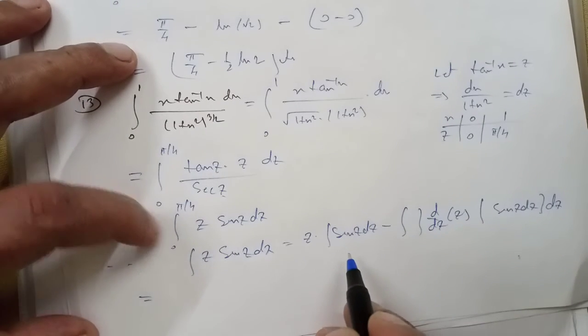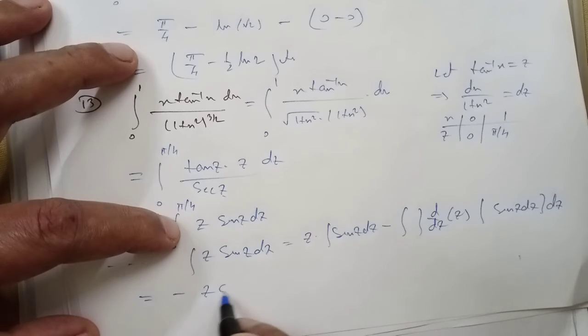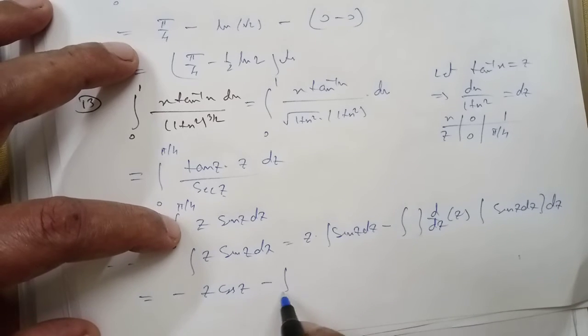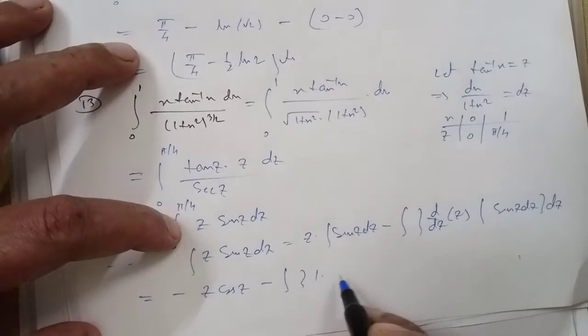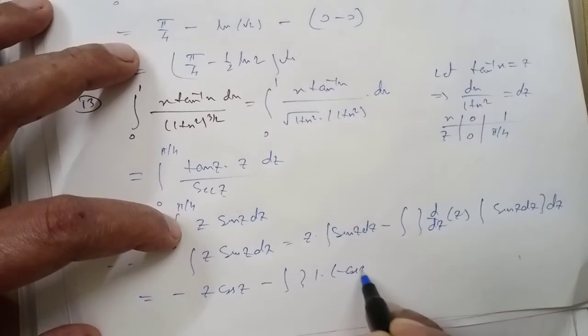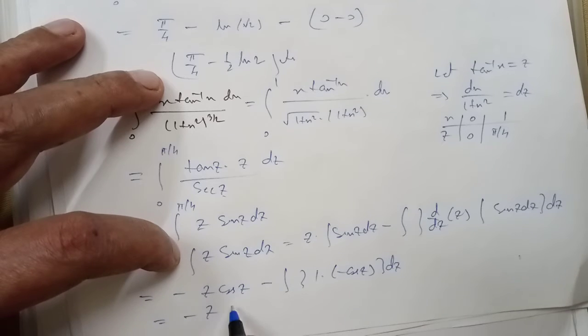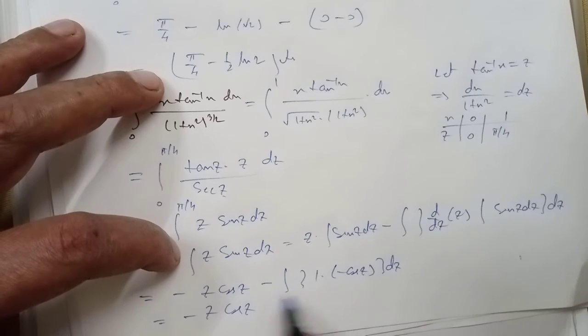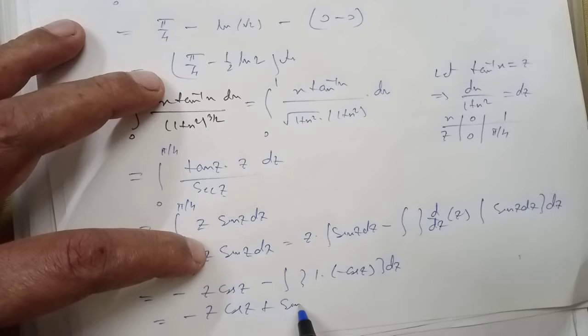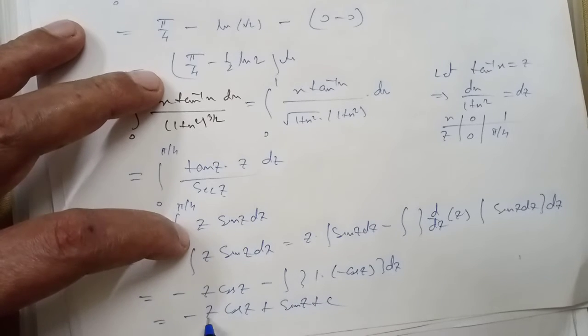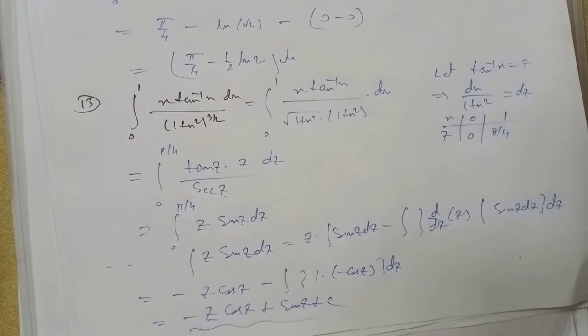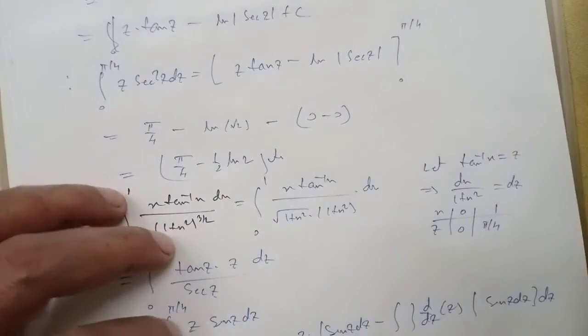So integration of sin z is minus cos z. So this is minus z cos z minus integration, this is 1 into minus cos z dz. So ultimately you get minus z cos z plus sin z plus c. So this is your indefinite integral.